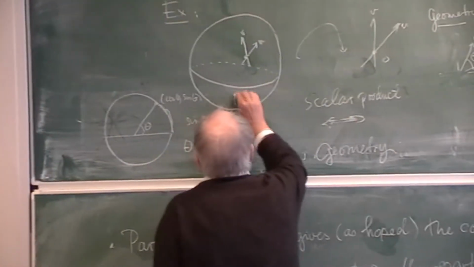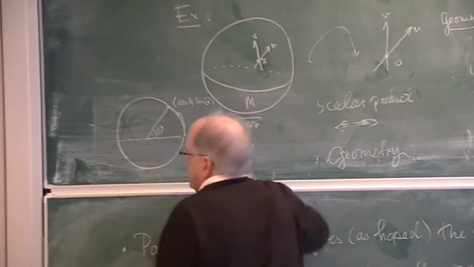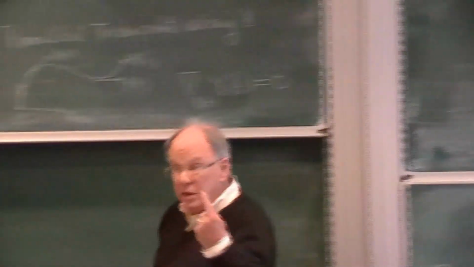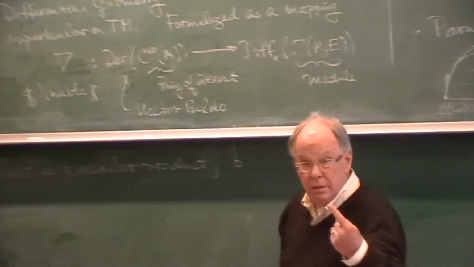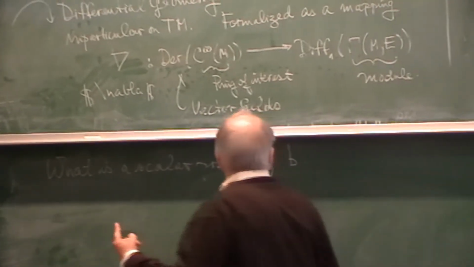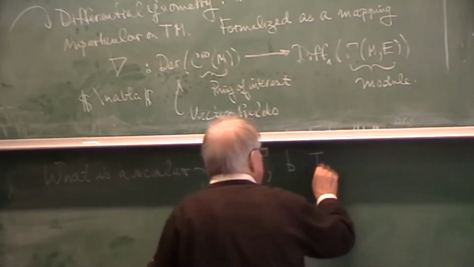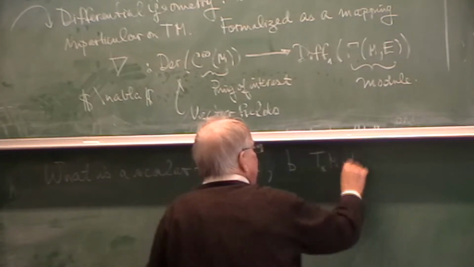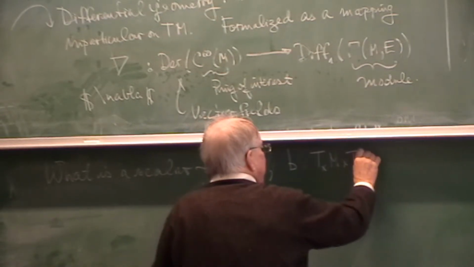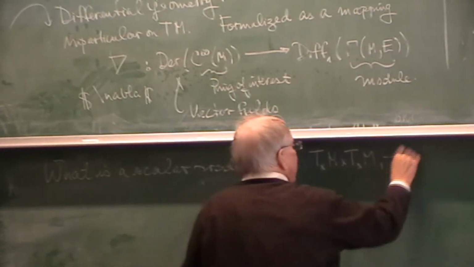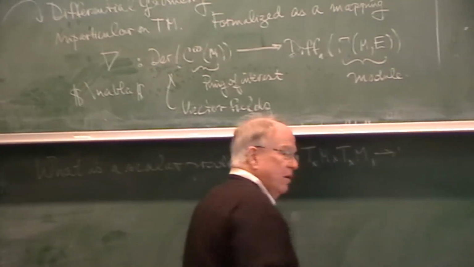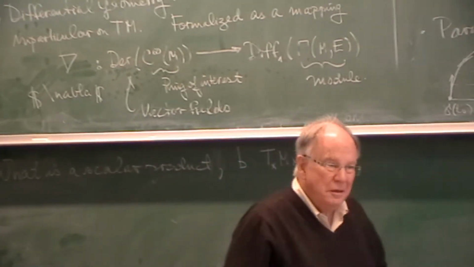This is a manifold M, and here's a point X. And the scalar product is defined at that point X. So where should it be defined? It's on the tangent space of X.